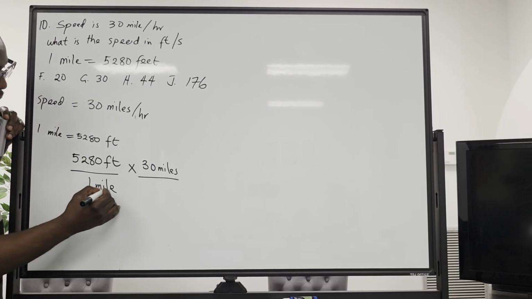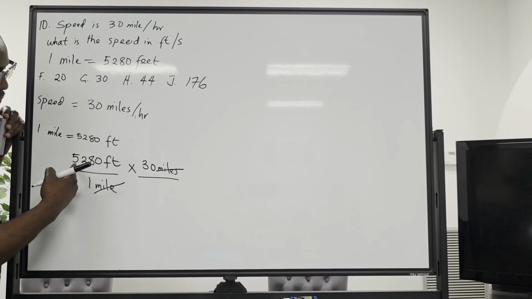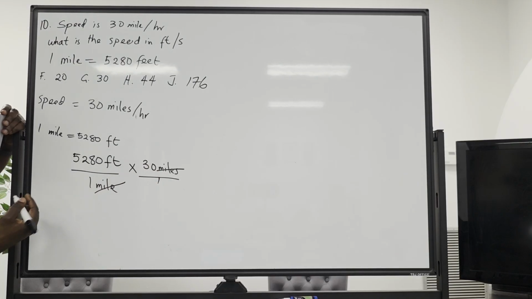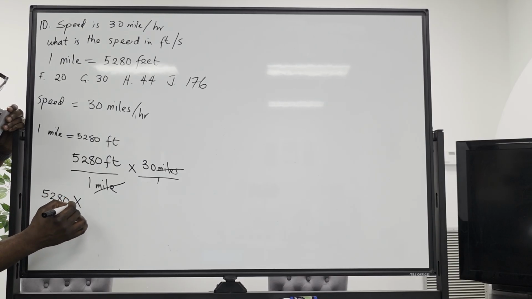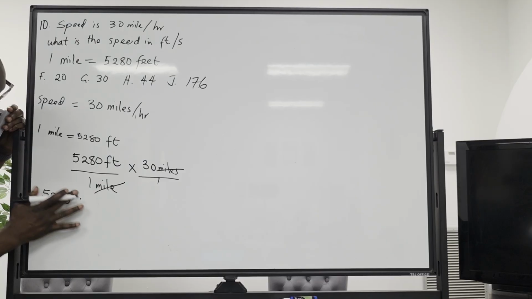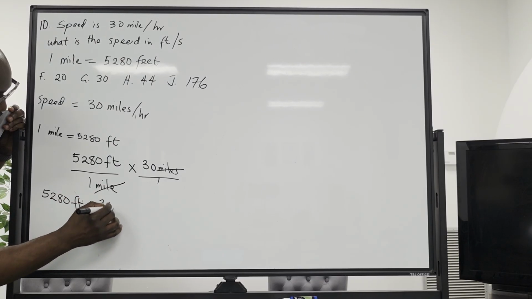So divide this by this one right here. You have 5280 feet times 30.